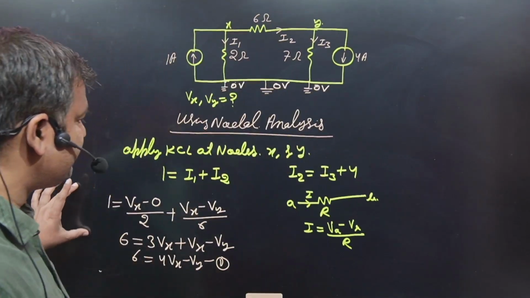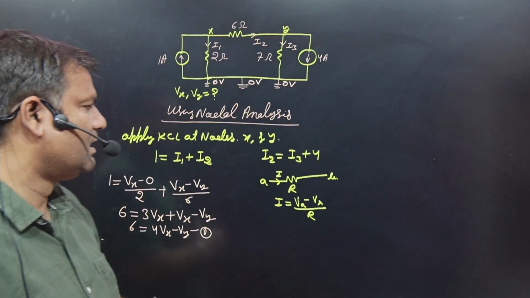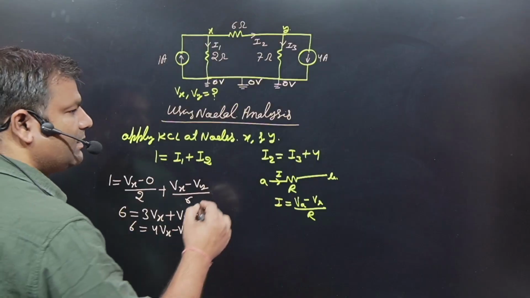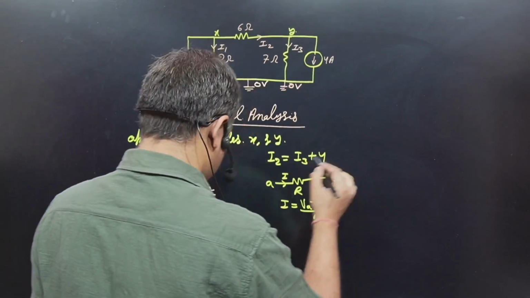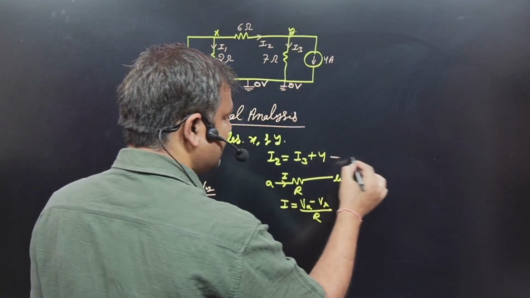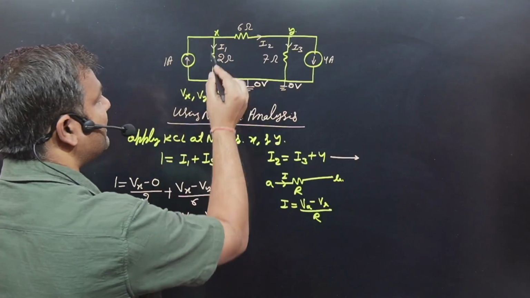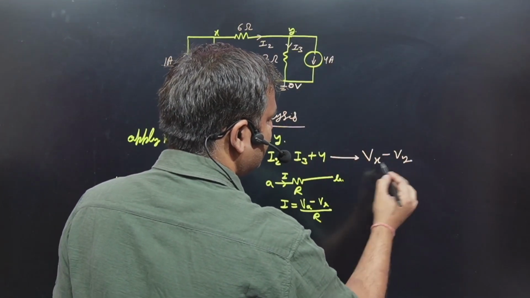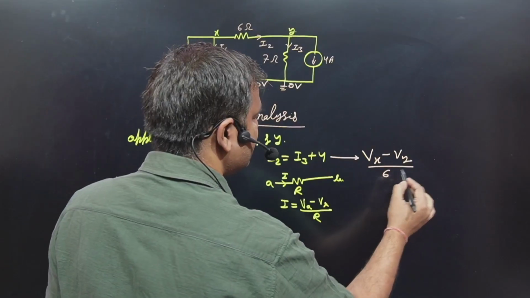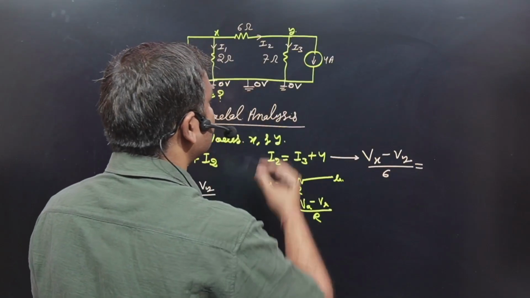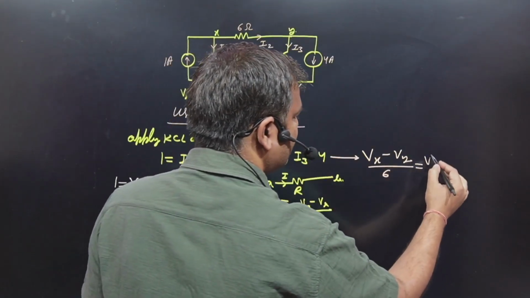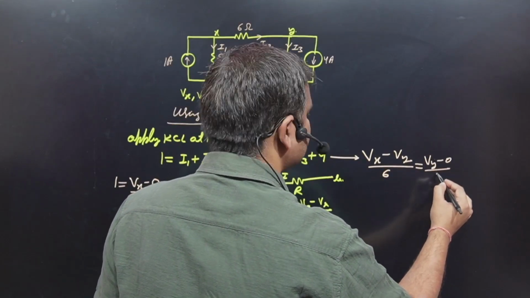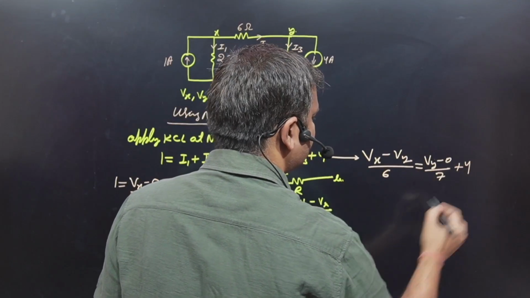Now the next target. Using this, I2 is also written as Vx minus Vy divided by 6, and this will equal I3 plus 4, which is Vy minus 0 divided by 7 ohm, plus 4.